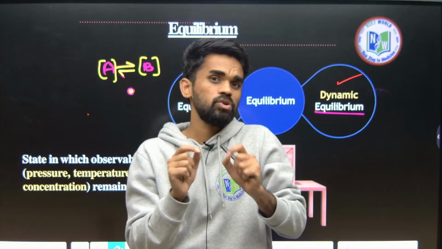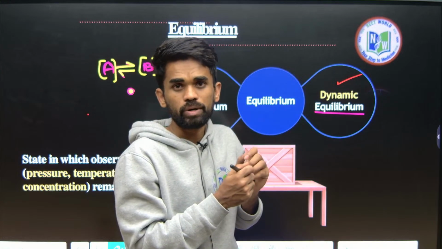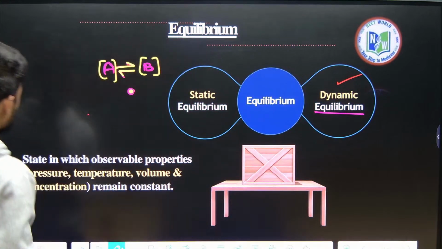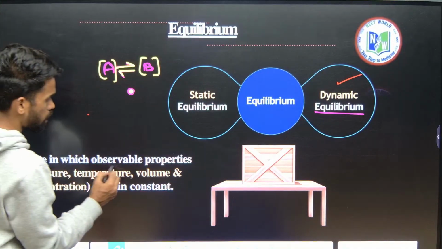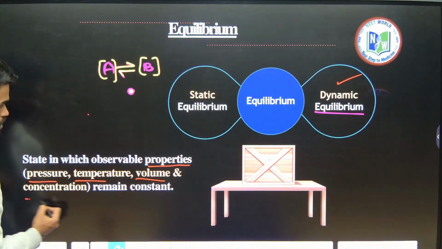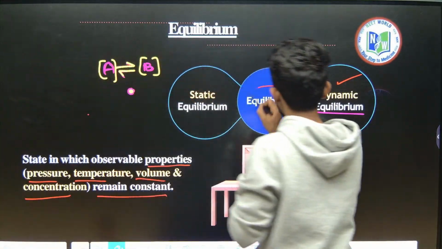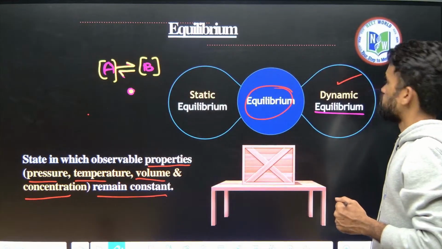This is how you can understand dynamic equilibrium. Next, equilibrium is the state in which observable properties like pressure, temperature, volume and concentration remain constant at the equilibrium point. You can remember this point.